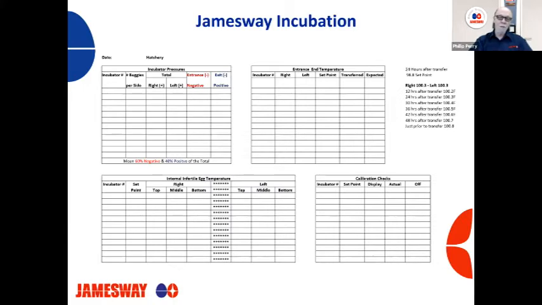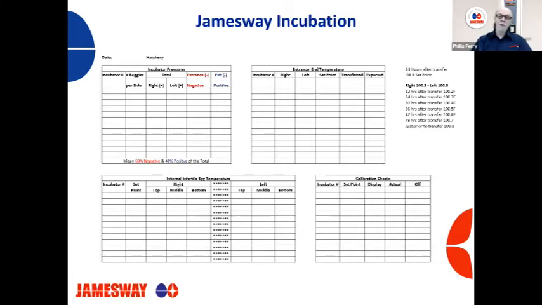That's the timeline we try to use, but sometimes when I'm visiting, I'm not there just after 24 hours after transfer. So I can use some of these other values and see if I need to be where I'm at. I had a hatchery manager call me the other day, 48 hours after transfer, his crossbar was reading 101.5.